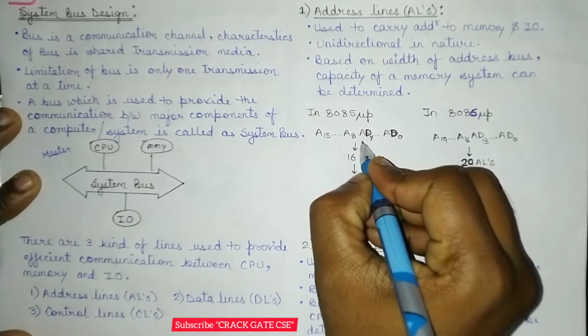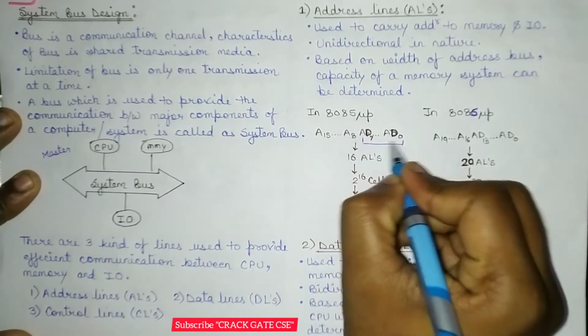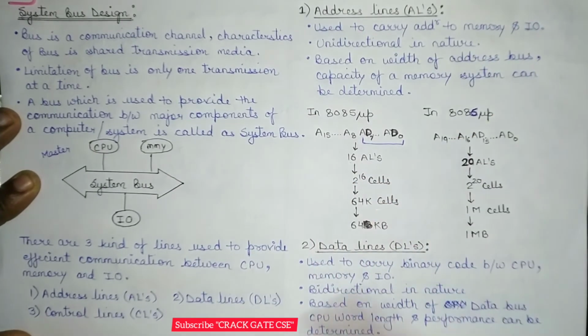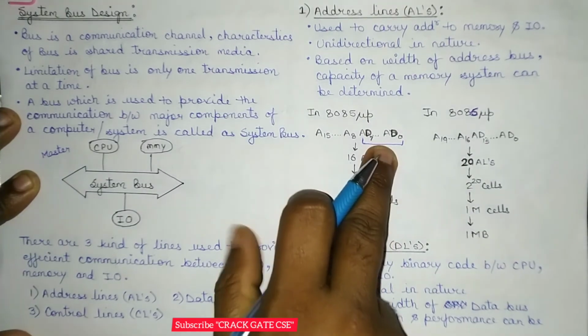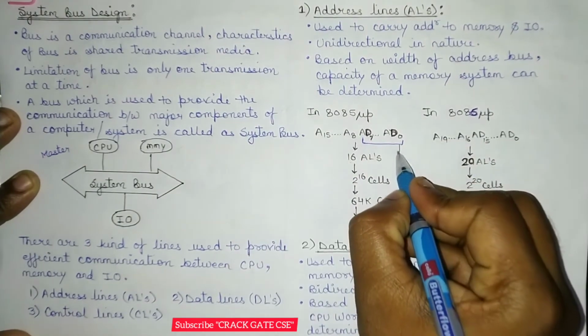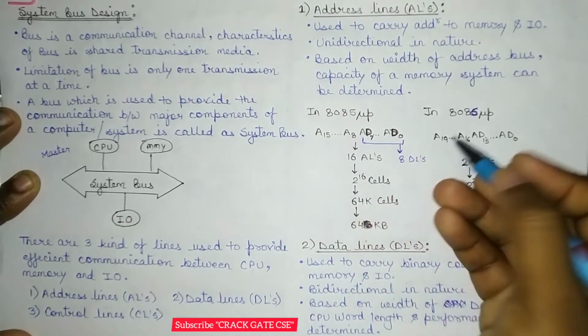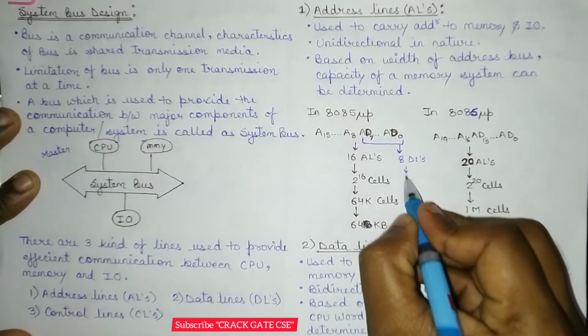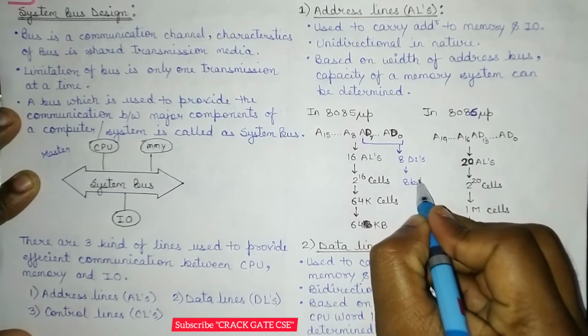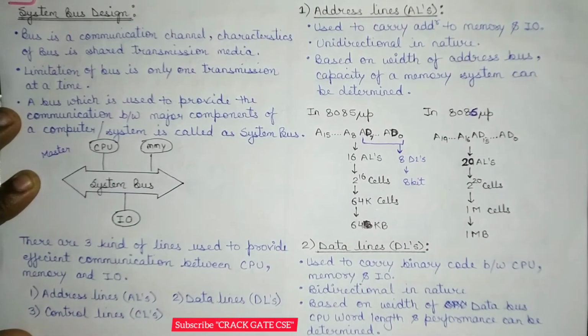Here we know that these 8 bits are used for address as well as data. So in 8085 we have 8 data lines, and these 8 data lines represent the 8-bit word length, right? And if we have the 8-bit word length, we know that the operations are performed in 8-bit data code.